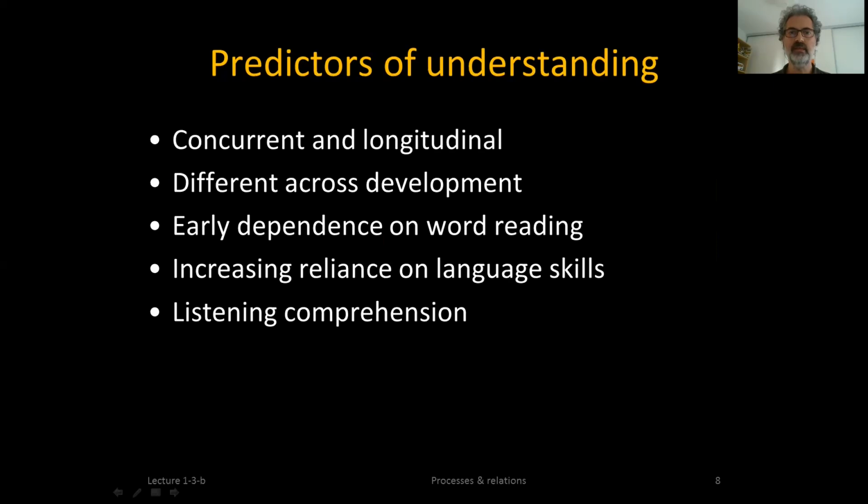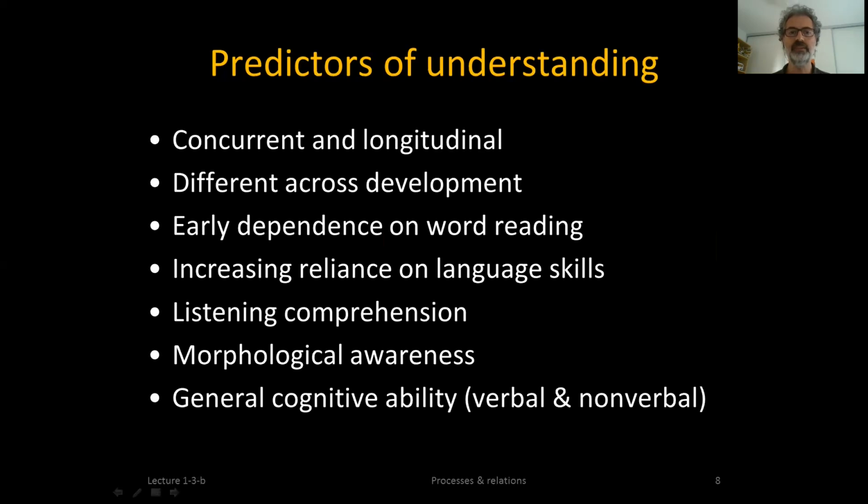Listening comprehension is a main predictor once word reading has settled. Listening comprehension is your ability to understand spoken information. Morphological awareness is also an important predictor. Morphological awareness is the conscious understanding of word structure, how words are formed, and how word parts are related to word meanings.